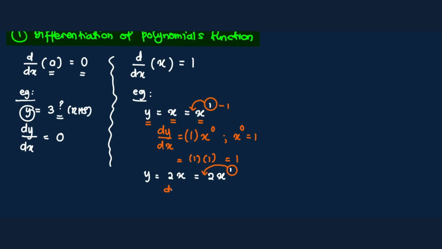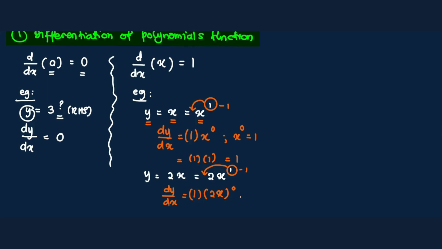So your dy/dx is equivalent to 1 multiplied with your 2x here. But before you write any power to your x, you must reduce the power by 1. That will give you 0.